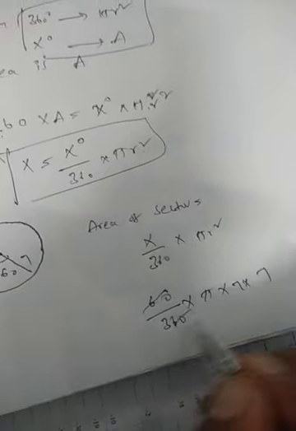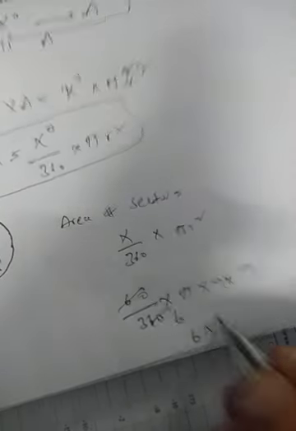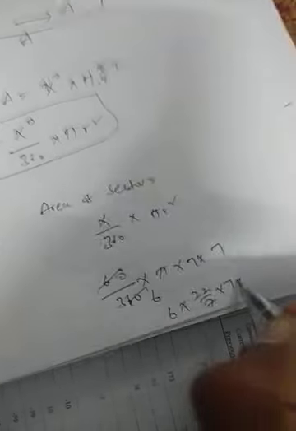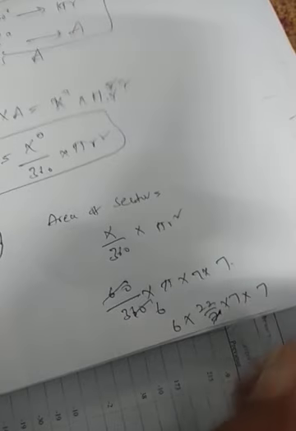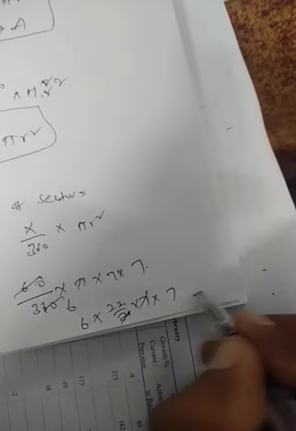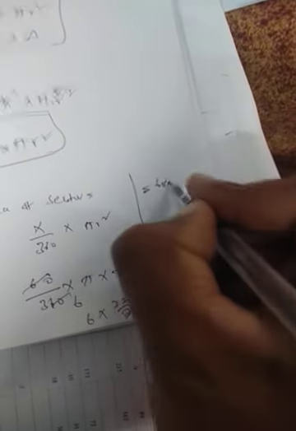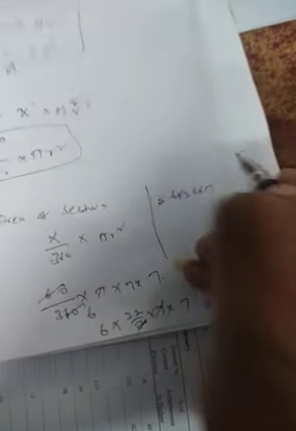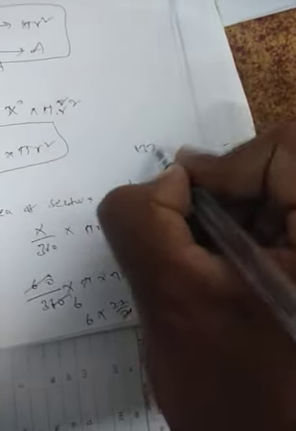You will get 60 by 360 into 22 by 7 into 7 into 7. The 7s will be cancelled. So 6 into 22 into 7. 6 twos are 12, that will be 132.